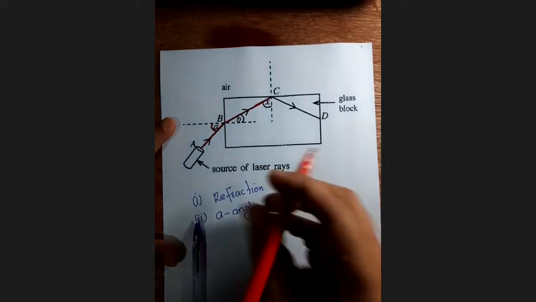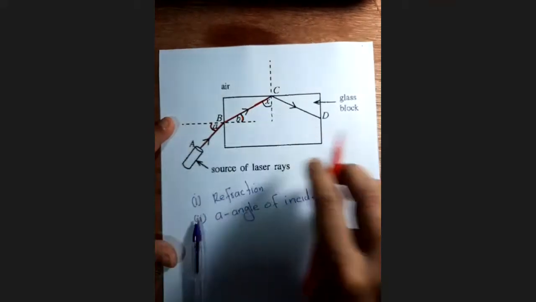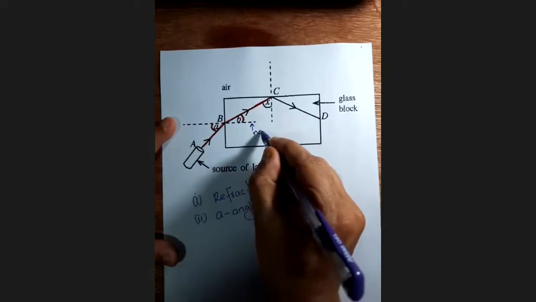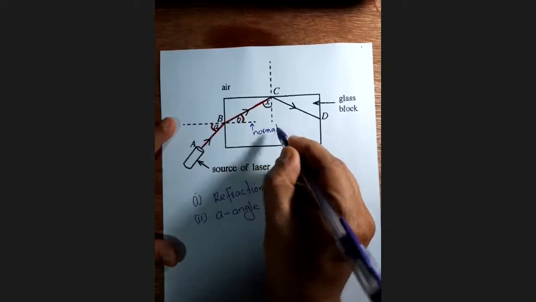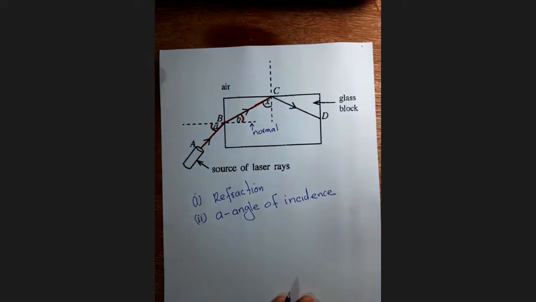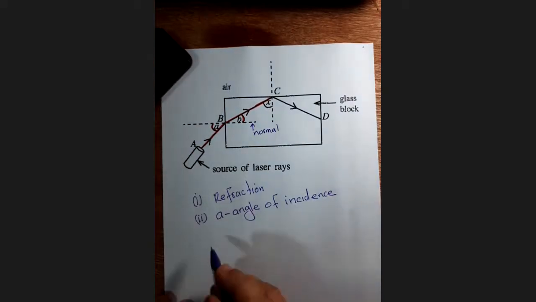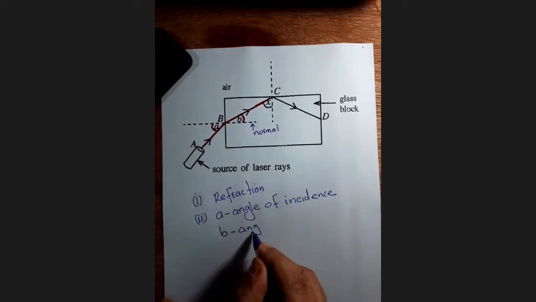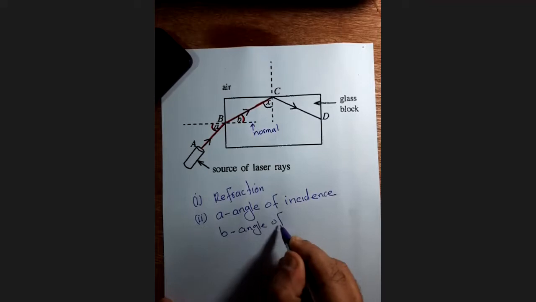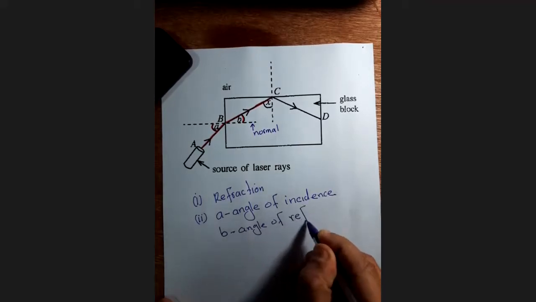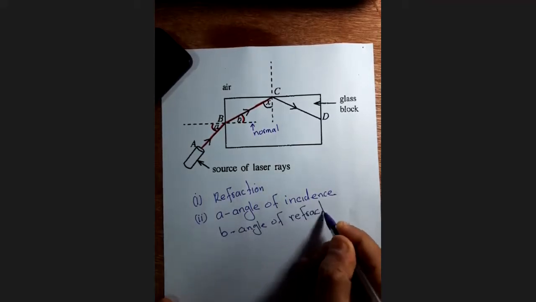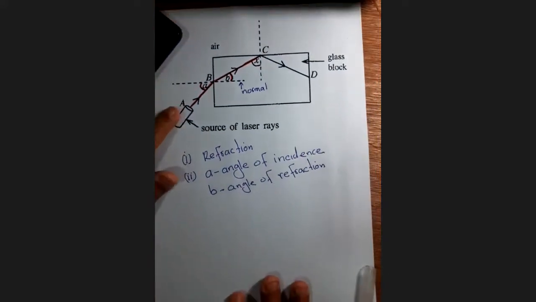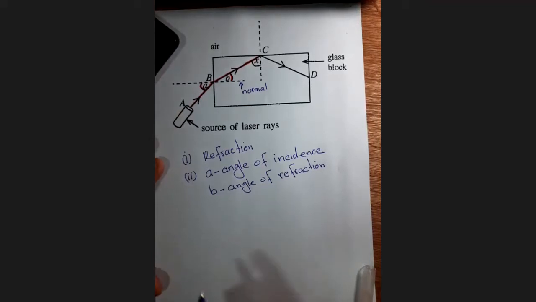And angle B is between the normal line and the refracted ray. This is the normal line. So angle B is the angle of refraction. That is the second question's answer.